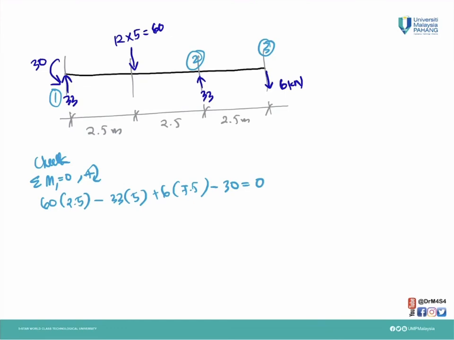And also we can check our summation of Fy equals 0, positive upward. So 33 plus 33 minus 60 downward, minus 6 equals 0. This means our answer is correct. So we are done for exercise 1.